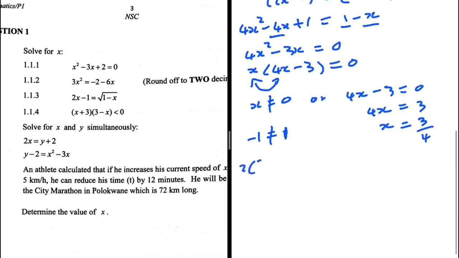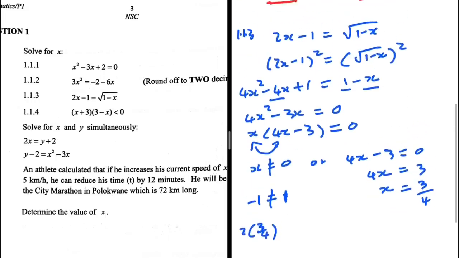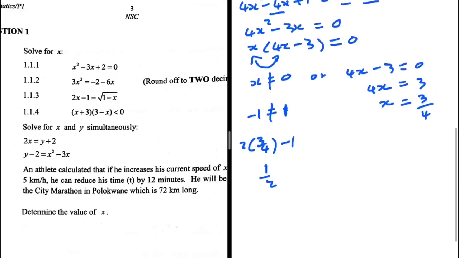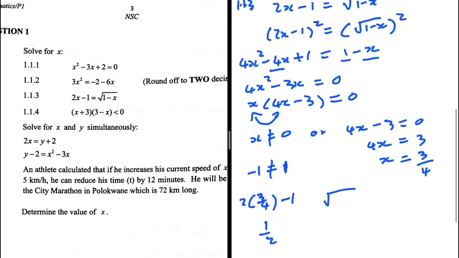Okay, let's check 3 over 4. So 2 multiplied by 3 over 4 minus 1. Where is my calculator? So let me go ahead and do that. 2 multiplied by 3 over 4 minus 1. I'm getting 1 over 2. And then let me not use equals to there because I'm not sure they're equal to each other. And then the square root of 1 minus 3 over 4.